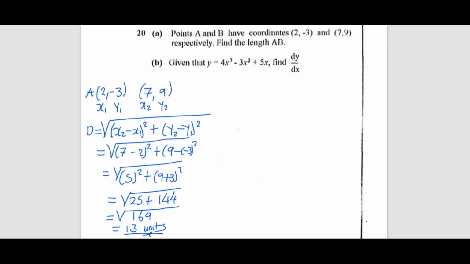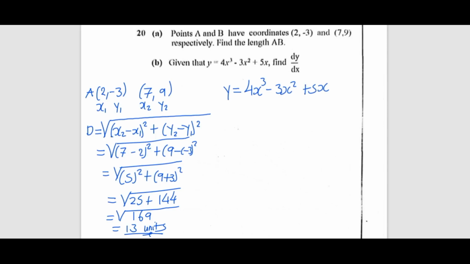Now let's look at question B. Given that y is equal to 4x cubed minus 3x squared plus 5x, find dy over dx. So we want to differentiate this equation. Let's write our original equation: y is equal to 4x raised to the power 3 minus 3x squared plus 5x.